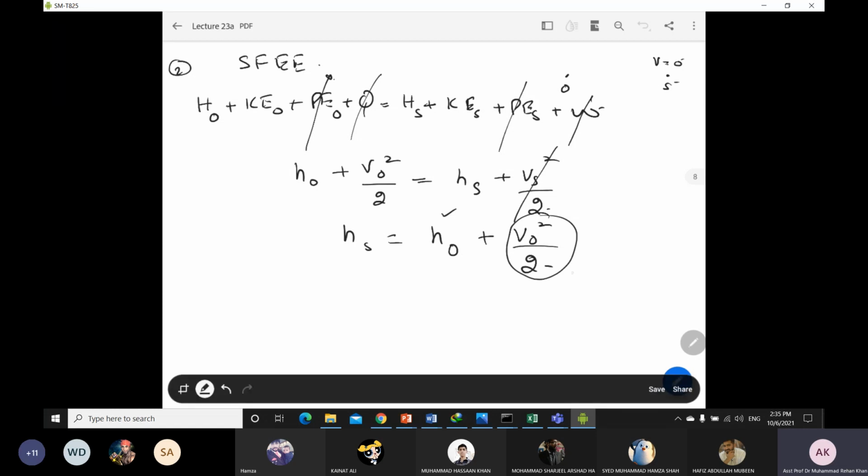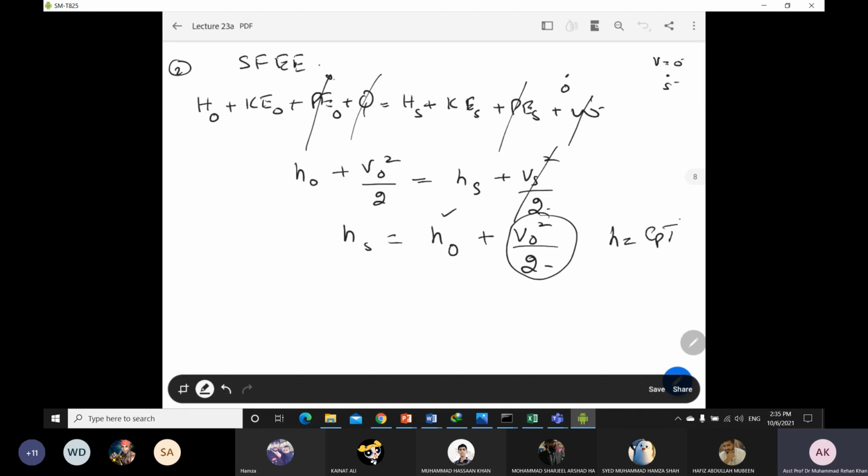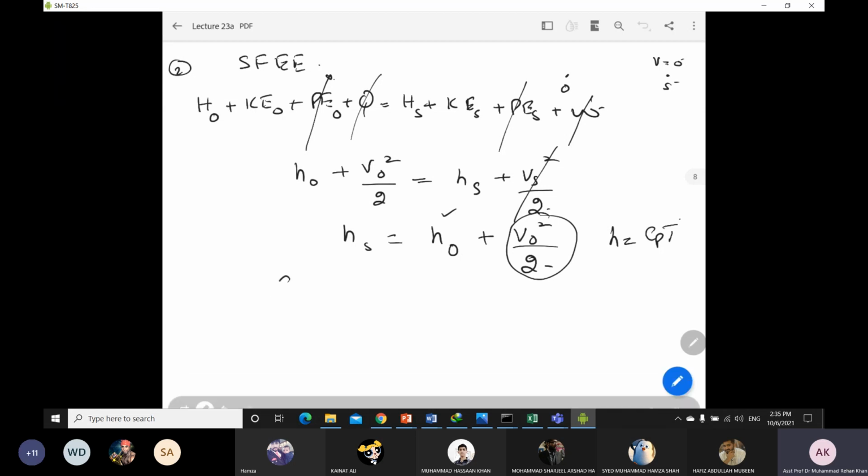Now we can further simplify this equation by putting the value of H, which is Cp T, as you already know from the previous lectures. So I can put Cp Ts is equal to Cp T naught plus V naught squared divided by 2.